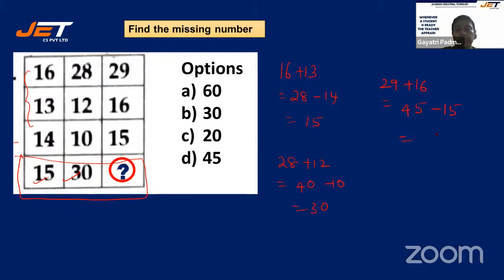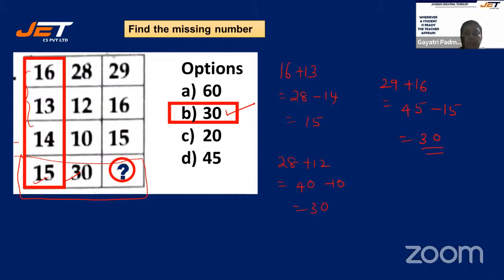So what do you get? 0, 4 minus 1, 3. So your option could be option B, that is 30. Let's see whether option B is correct. It should be. Let us once more check. 29 plus 16 is 45 minus 15. Yes, so it should be correct. Let's see. Yes, perfect. So your option B is correct.